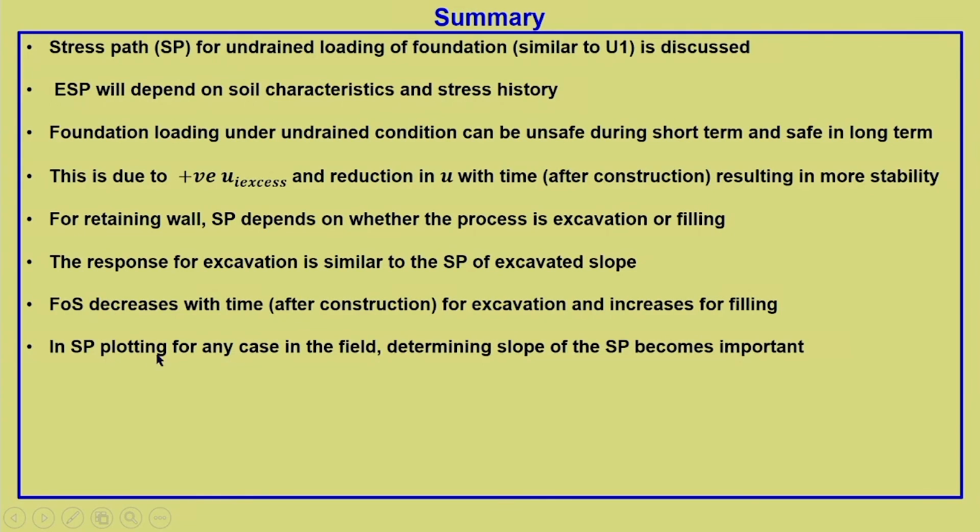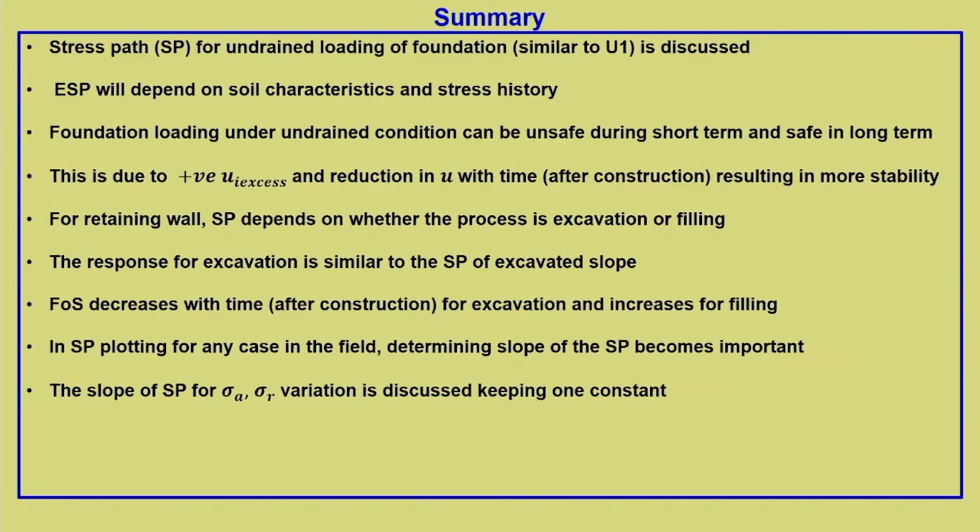In stress path plotting for any case in the field, determining the slope of the stress path becomes important. Now, what does all this mean? We need to determine the correct slope of the stress path. For that, the slope of the stress path for sigma A, sigma R variation is discussed, keeping one constant.